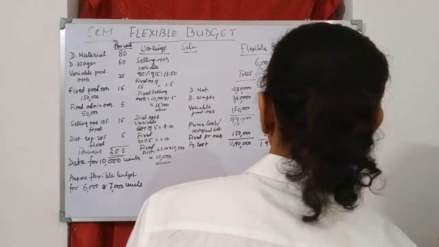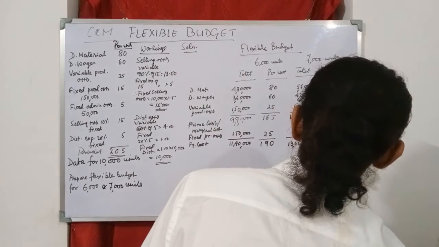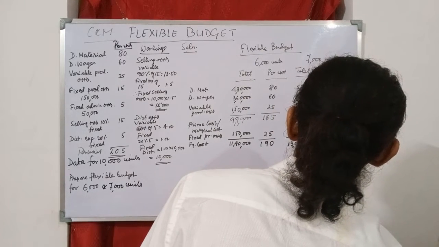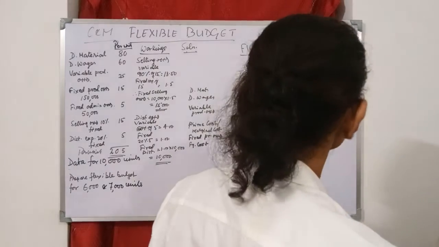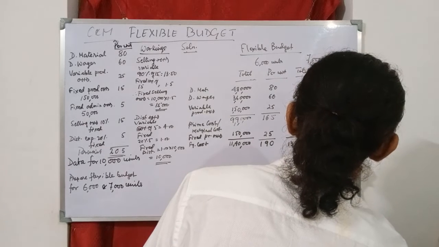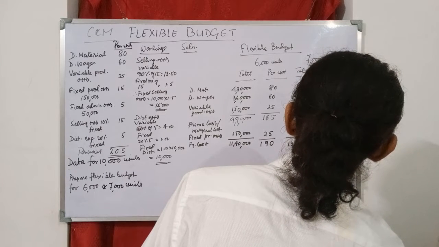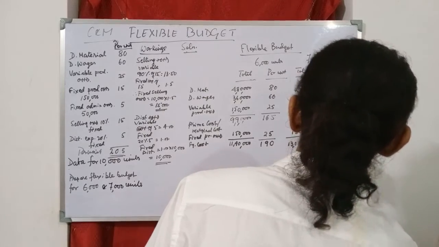And the per unit factory cost is 190 for 6,000 units, and here it comes to 186.43.